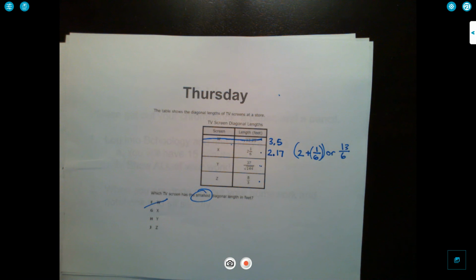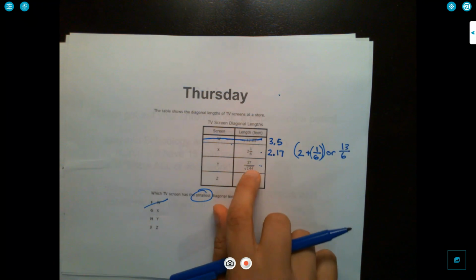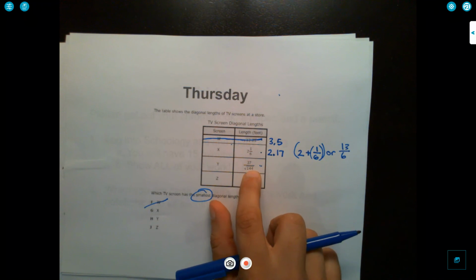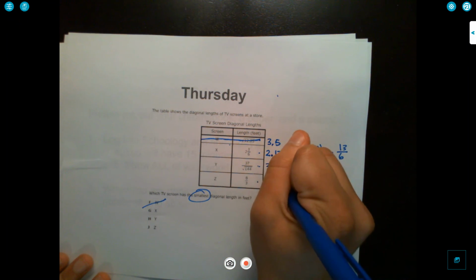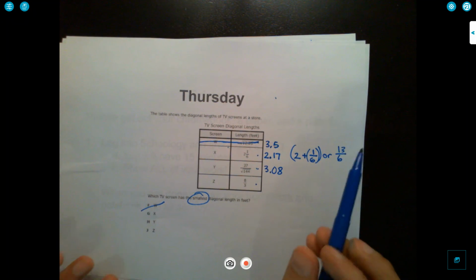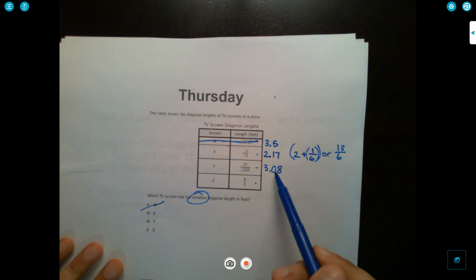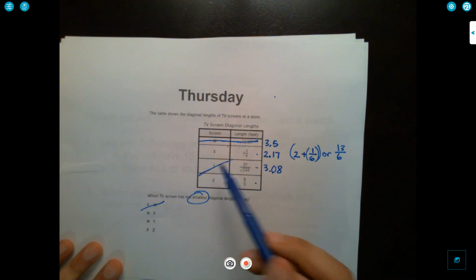Then you type in 37, and then you do the down arrow so that you have your cursor in the denominator section. Then you type in root 144, which is 12. So you can either type in 37 divided by 12, or set it up correctly in your calculator, 37 divided by root 144. I get 3.08. We know 2.17 is smaller than 3.08, so we can go ahead and eliminate Y as an answer choice.